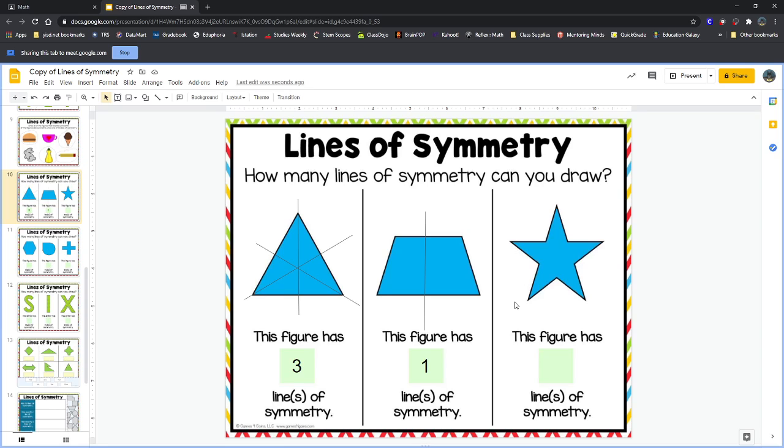Can you tell me what was her answer? Oh, okay. Well, who can tell me? Do you think the star is going to have one line of symmetry or more than one? Jaylene.